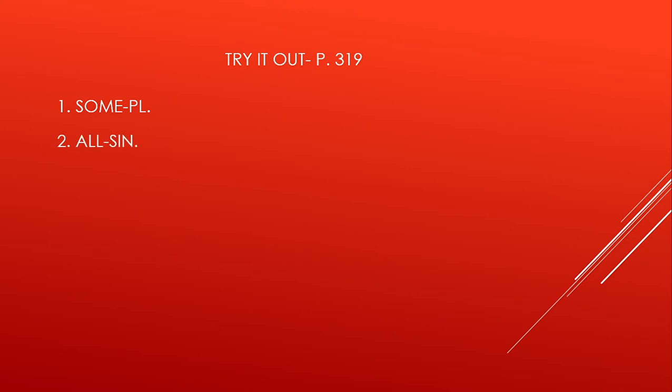Number 3. Not everyone, however, took all of the tours that were planned for each day. So not everyone. Focus on the word one, okay? So everyone is singular, all of the tours. Tours meaning there's multiple, all of them, so that's plural.